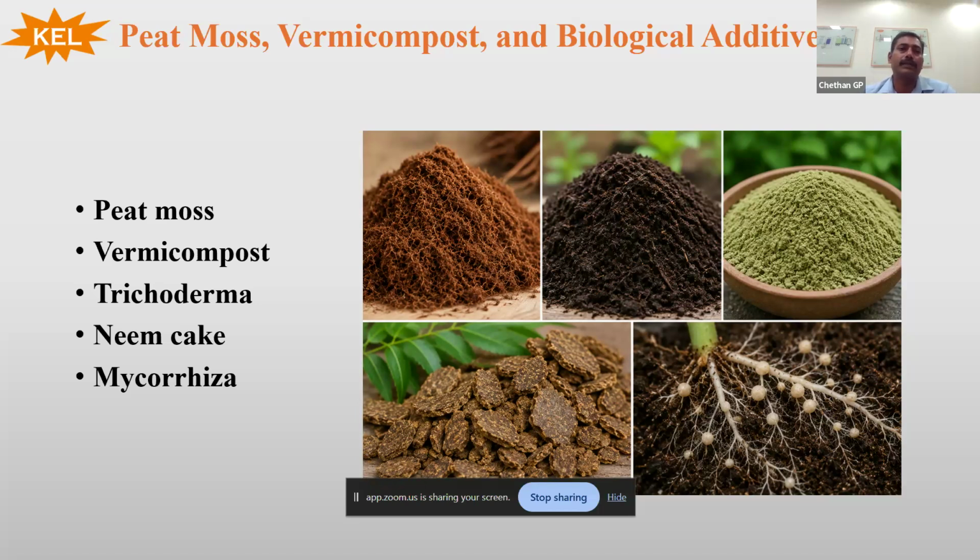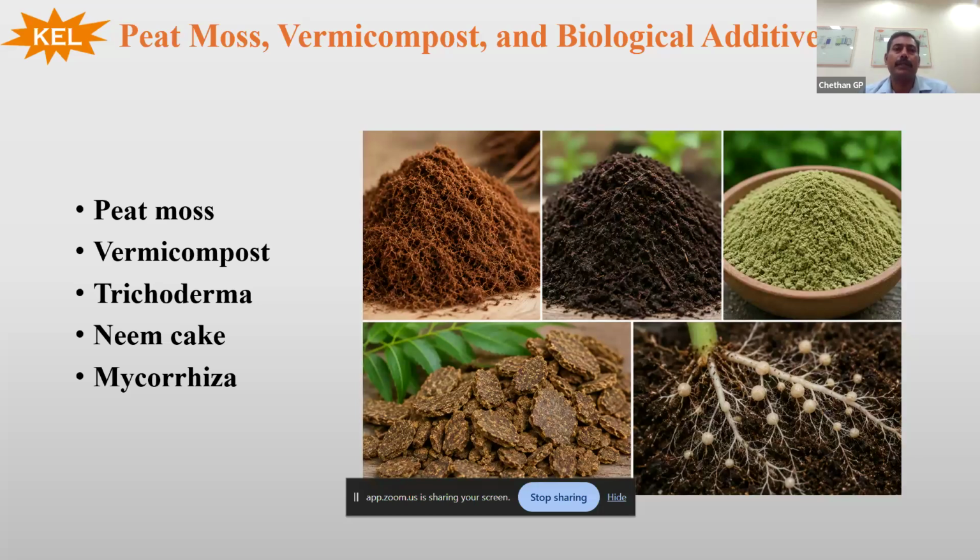Trichoderma species colonize the root zone, suppressing several soil-borne pathogens while enhancing root development. Mycorrhizal fungi form a symbiotic association with the plant roots, increasing phosphorus uptake and improving drought tolerance.